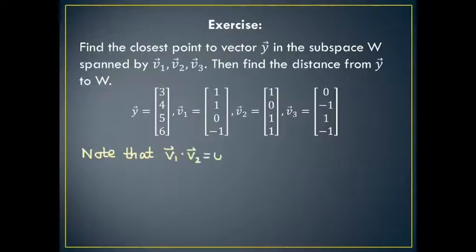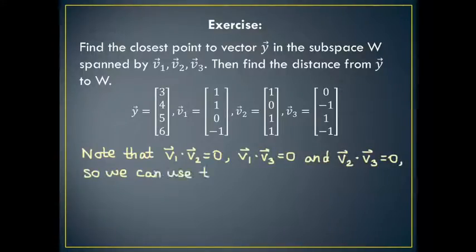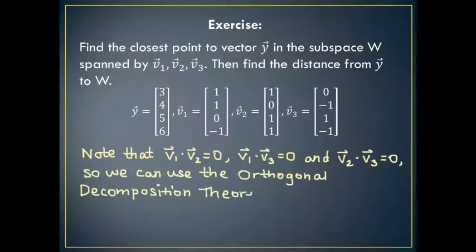And what we want to do is note that all the possible dot products, v1 dot v2, v1 dot v3, and v2 dot v3 are 0, so we can use the orthogonal decomposition theorem. We can use the formula for finding y hat. Now, the reason I always check this is because the theorem only applies to an orthogonal basis. So we always want to just verify that the theorem applies.